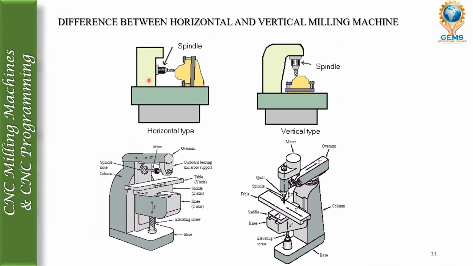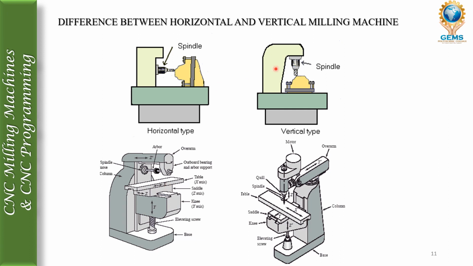You can see the difference between the horizontal milling machine and the vertical milling machine. This is the horizontal type. See, the tool is here. The spindle is located horizontal towards the table, so it is located horizontal towards the workpiece.